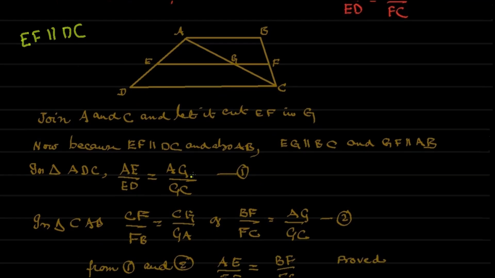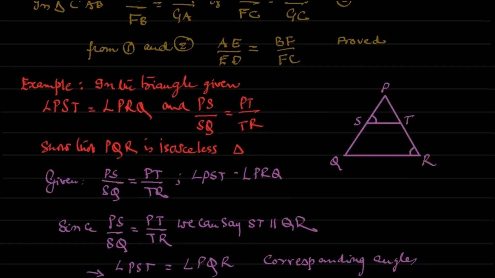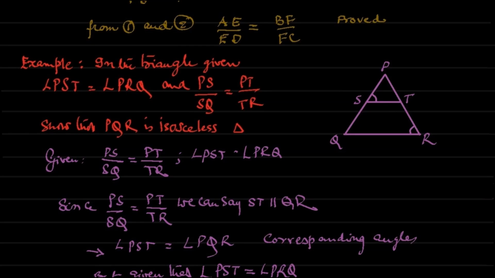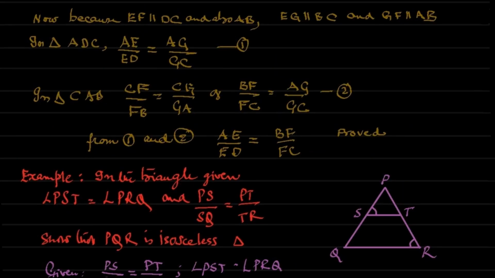This AG by GC must be equal to BF by FC because GF is parallel to AB. From 1 and 2, the answer comes. Proved.